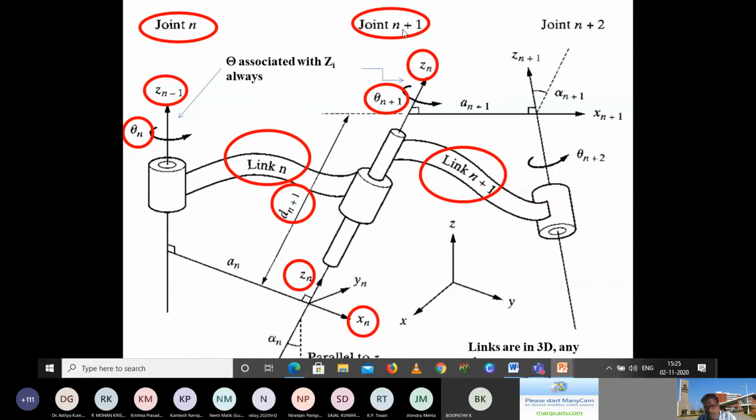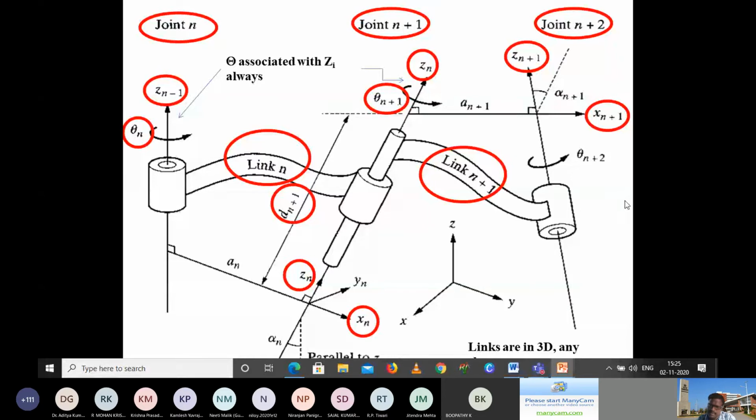Next, this particular joint is joined again with link n plus 1, and then this link is joined with joint n plus 2, and it has the z n plus 1 axis, the rotational joint axis, and this is the x n plus 1 axis.